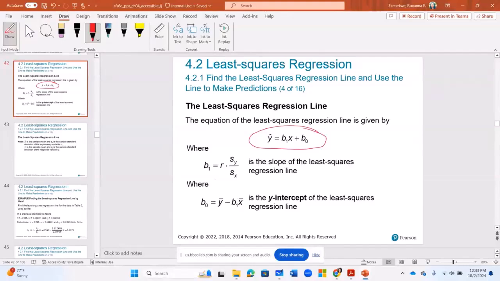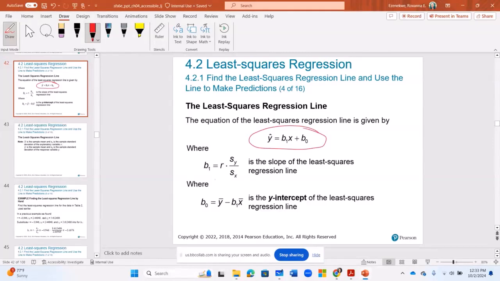So the formula is given, and also the slope. The slope is b1, and then the y-intercept is the mean of y minus the slope times the mean of x.